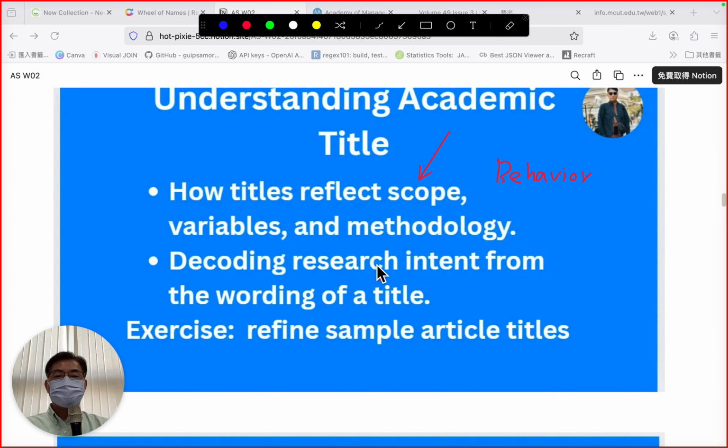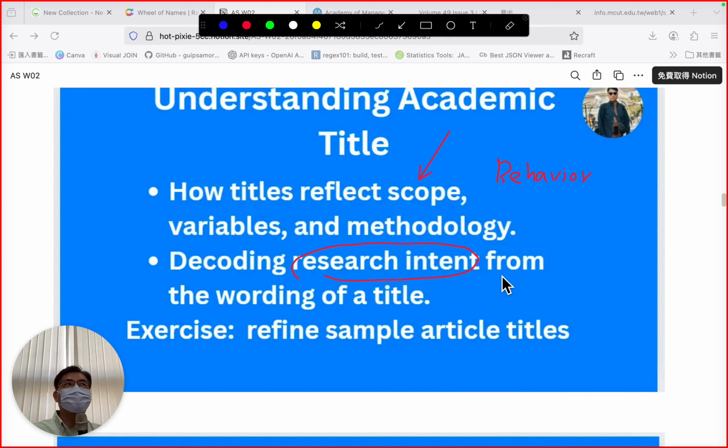And decoding research intent from the wording of the title. Research intent: what kind of new knowledge are you trying to contribute to the literature? You have to tell people something new, not something people already understand and know.